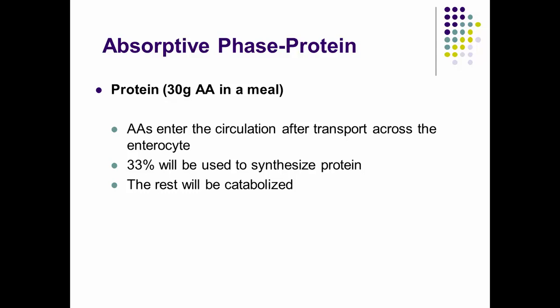After transport across the enterocytes and into the circulation, about 33% of the amino acids that we absorb will be used for synthesis of proteins, right? So about 1/3 of the amino acids are used for protein synthesis, and the rest of the absorbed amino acids will be metabolized.